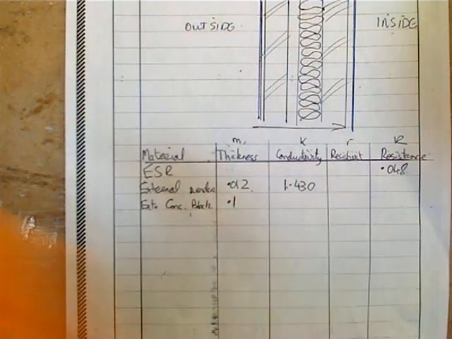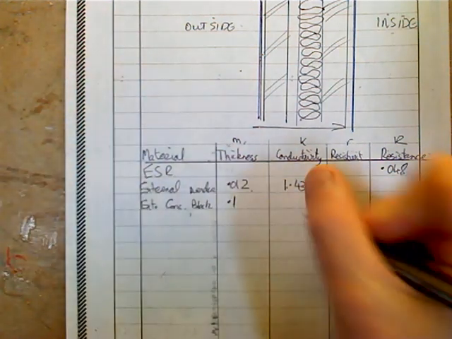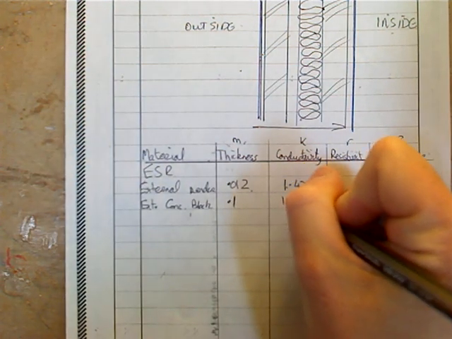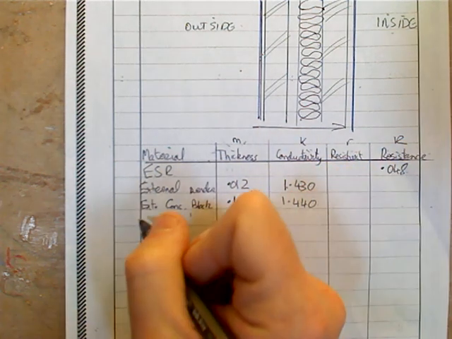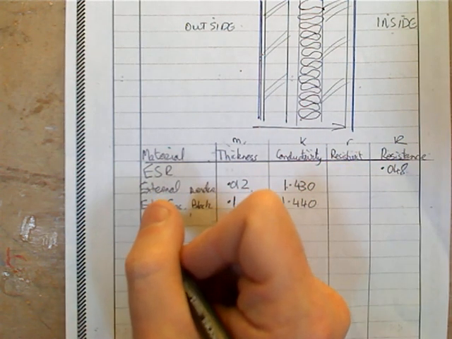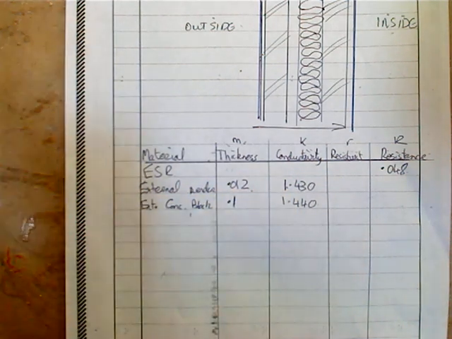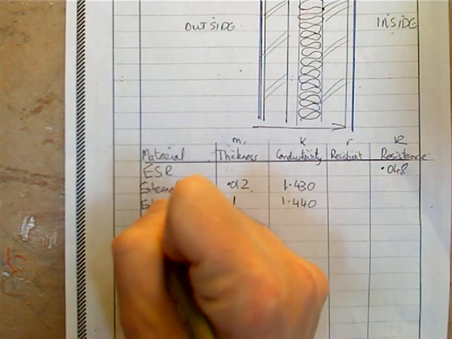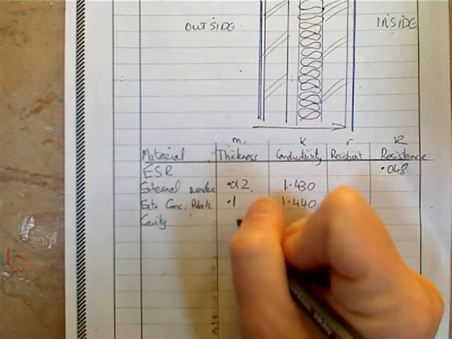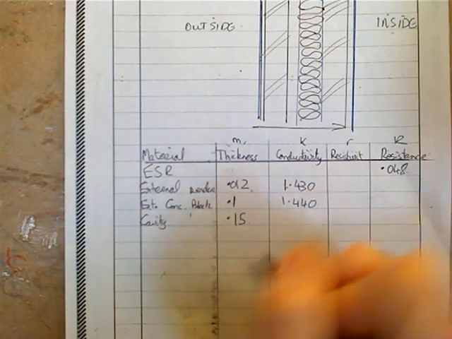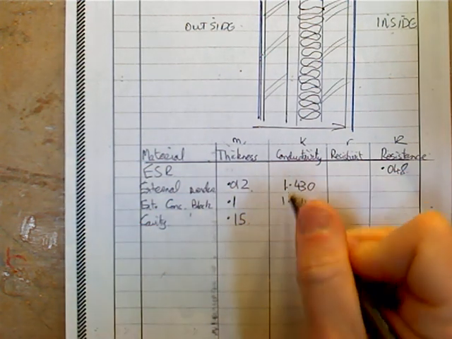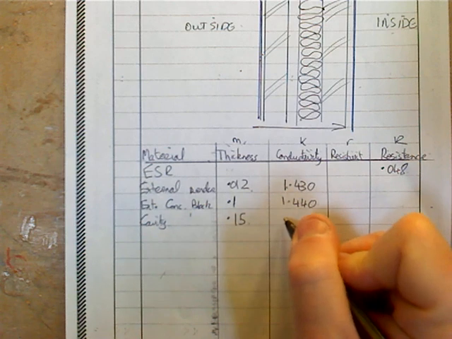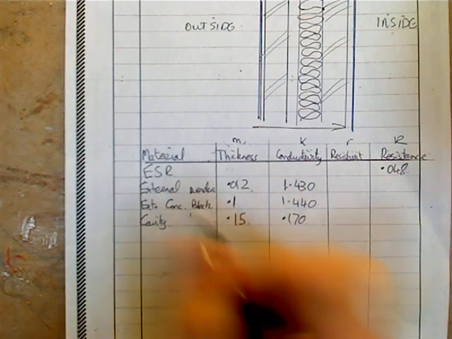The conductivity value that's given to me for the concrete block is 1.440. Then I have a cavity, and the cavity is 150 millimeters. So we'll say cavity, which is 0.15. The conductivity of that cavity is 0.170.